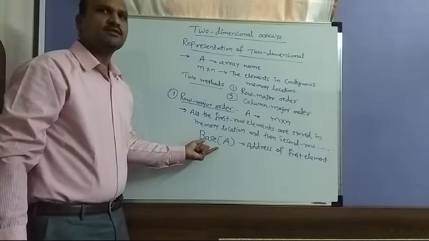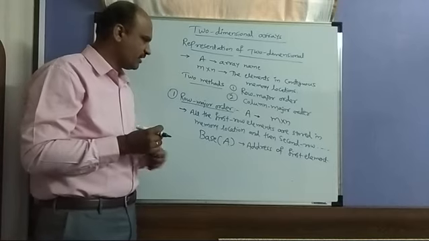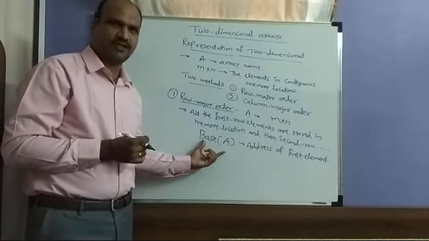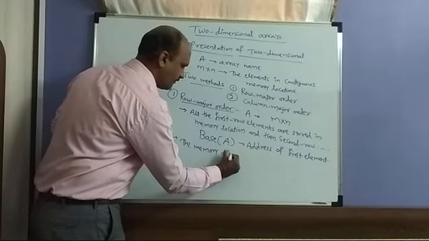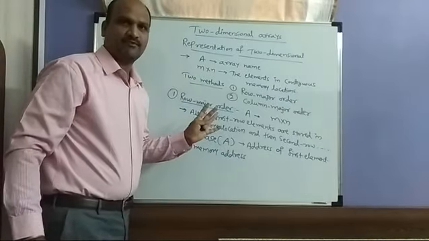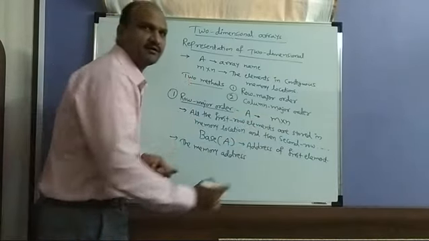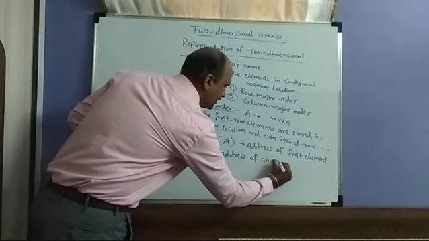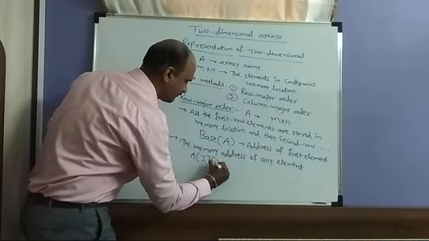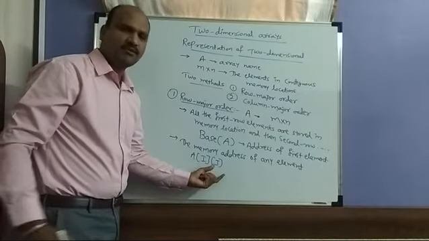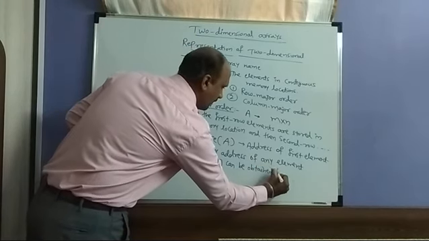When the memory address of each element A of i j is obtained, the memory address of any element present in your array, as I told you, A is an array with m and n, the memory address of any element A of i j can be obtained by a formula.